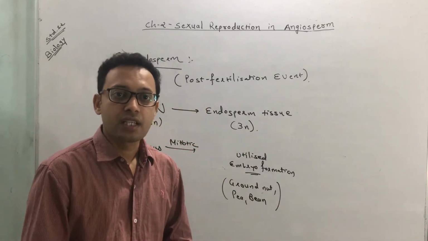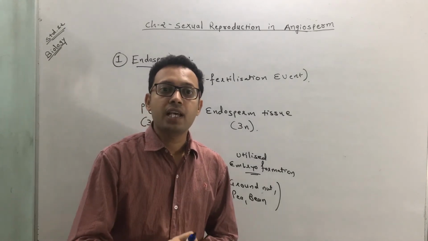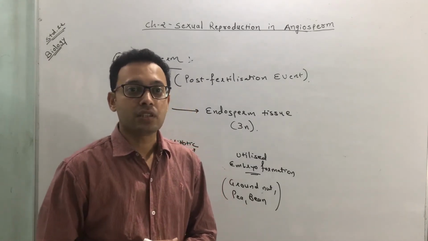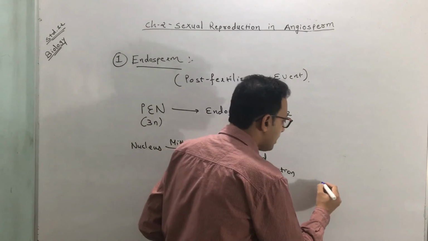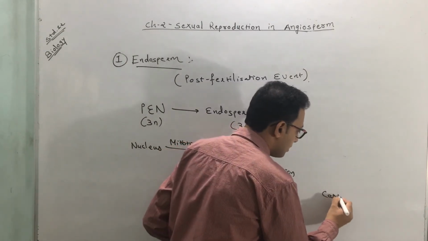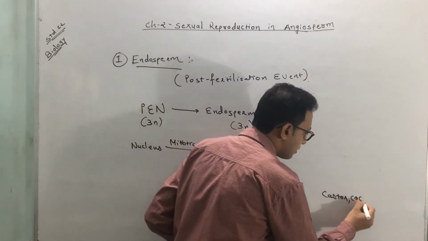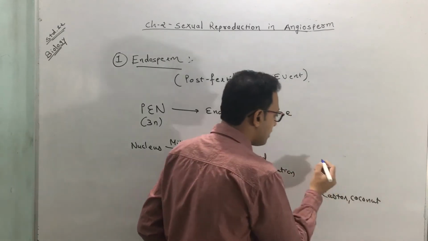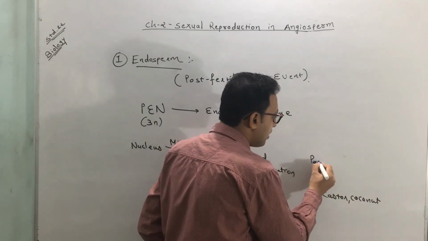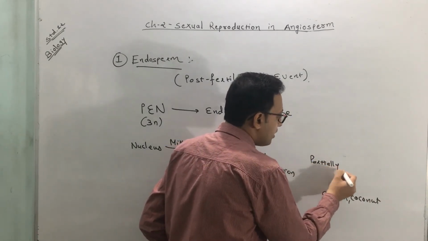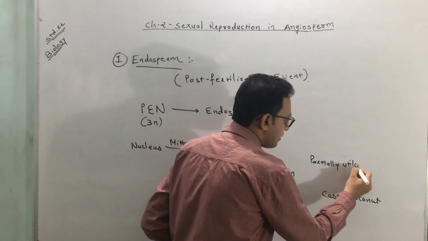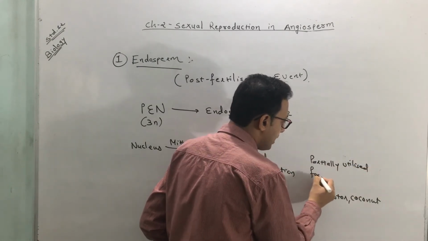It remains, and the remaining food is utilized during seed germination, like in the case of castor and coconut, where the food is only partially utilized by the embryo.